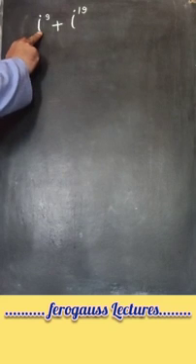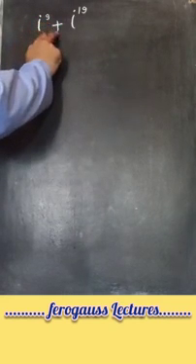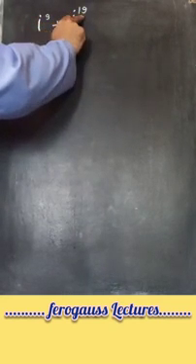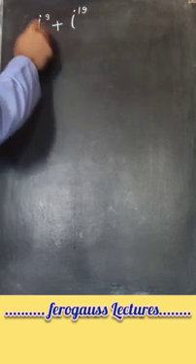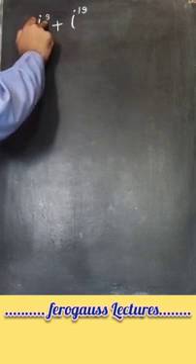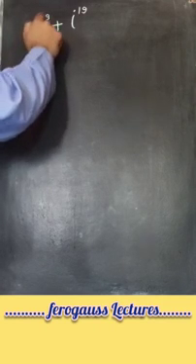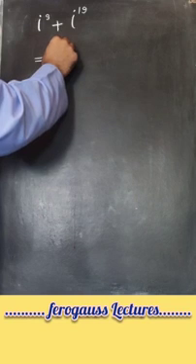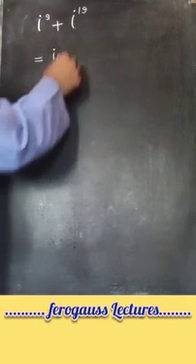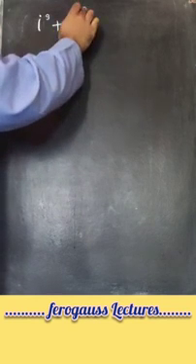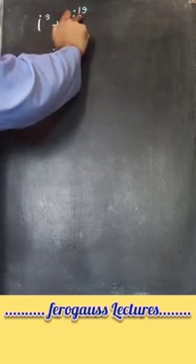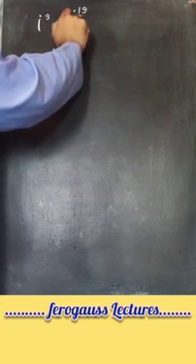Here we have the complex number iota raised power 9 plus iota raised power 19. We can write it as, now if we divide 9 by 4, we get 1 as remainder. So this is equal to iota raised power 1, that is equal to iota. Plus, here we have iota raised power 19. If we divide 19 by 4, we get 3 as remainder.